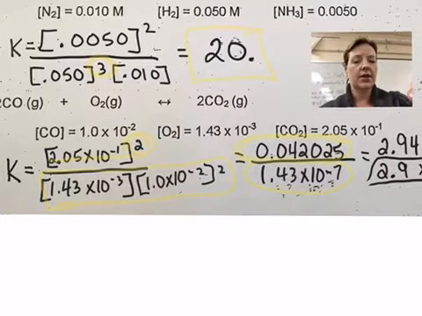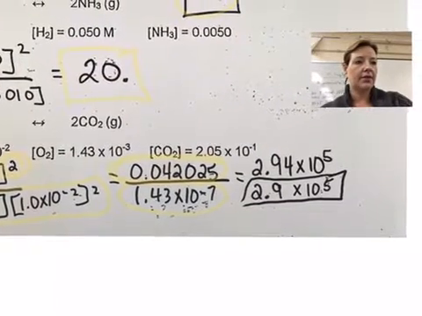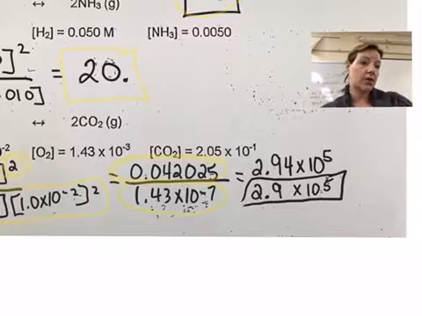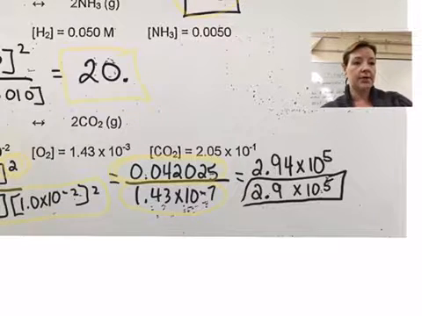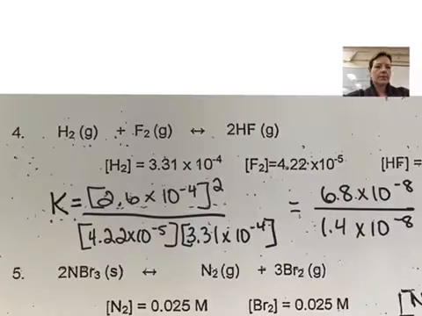So I broke it down so that way you can see in case you put something wrong into your calculator. And then finally you end up with 29,400 and something. I went ahead and put it into scientific notation, and I went ahead and reduced to the proper number of sig figs. So 2.9 times 10 to the negative 5th power.